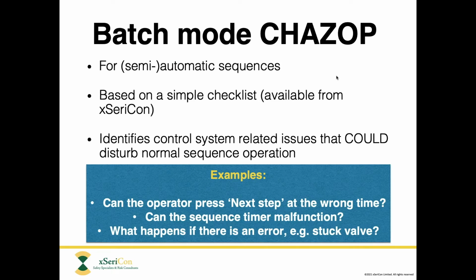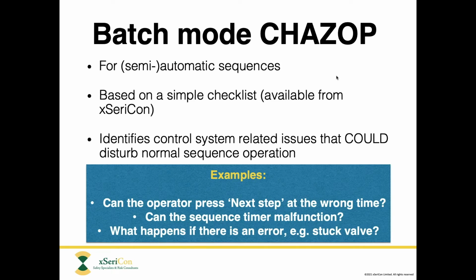You can see 3 examples of challenge questions in the blue box at the bottom of the screen. The first one is, can the operator press the next step button at the wrong time? Supposing the operator has the option or is required to advance to the next step, what happens if the operator doesn't wait for the previous step to be completed? Or is it possible for the operator to delay too long before pressing the next step button? Or maybe some other issue like, can he accidentally press it twice?